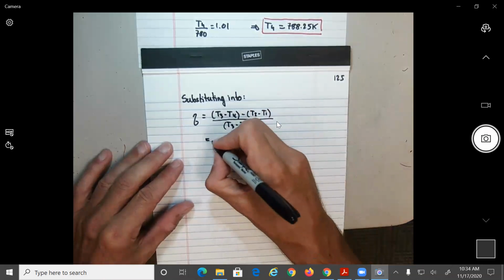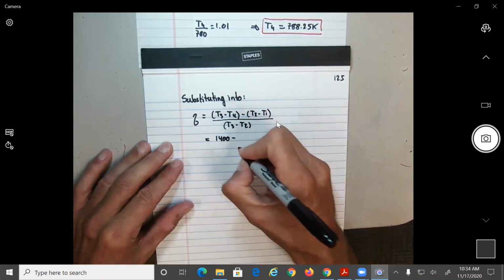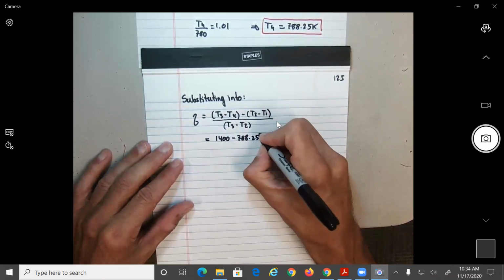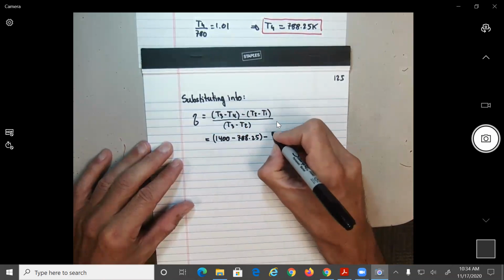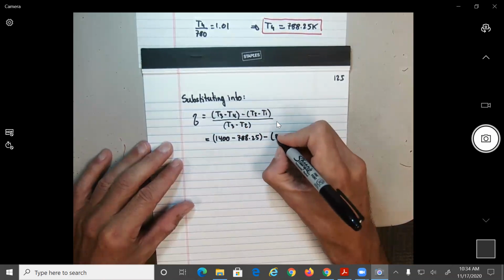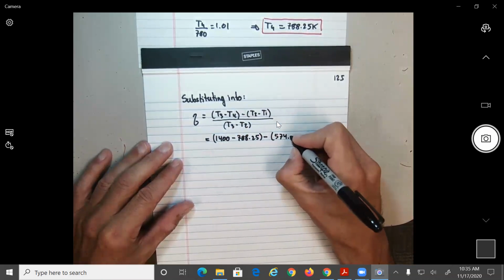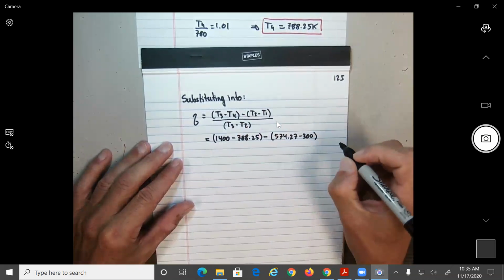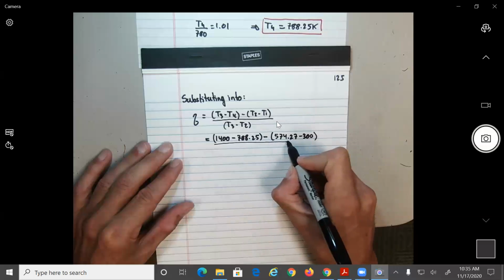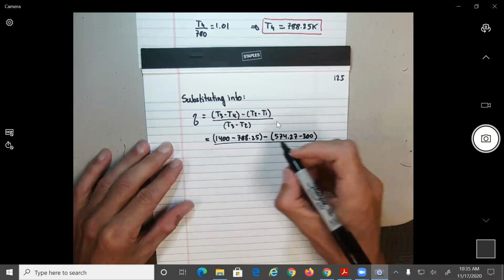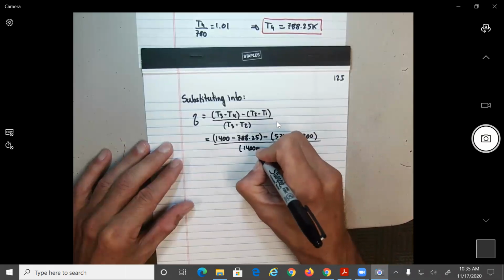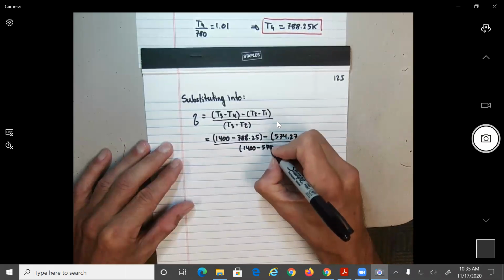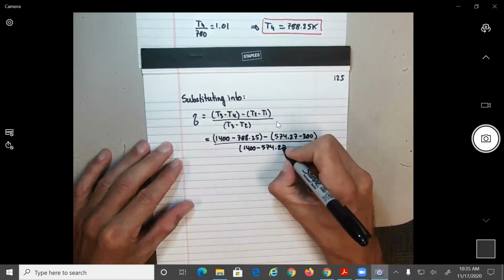Let's see, T3 was 1400 minus T4, which is 788.25, minus T2, which we found to be equal to 574.27, minus 300. All this stuff divided by 1400 minus 574.27.